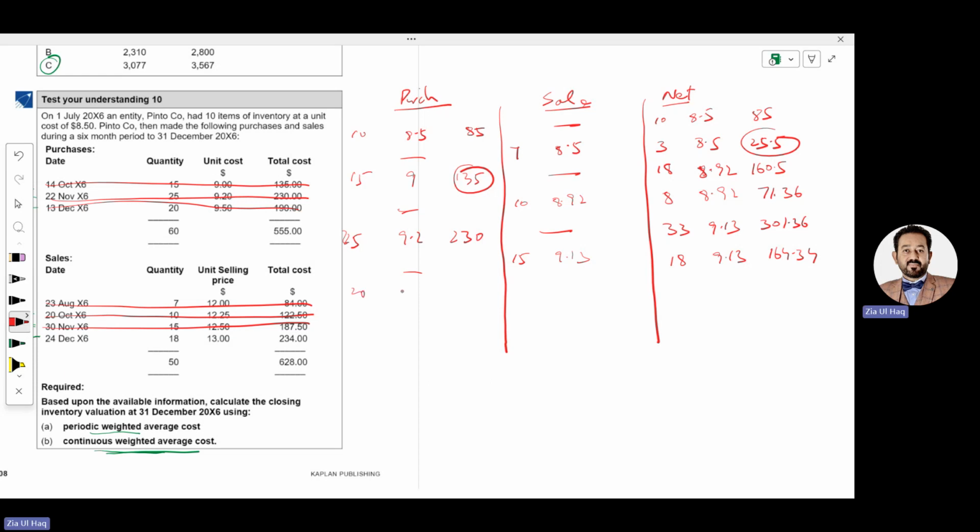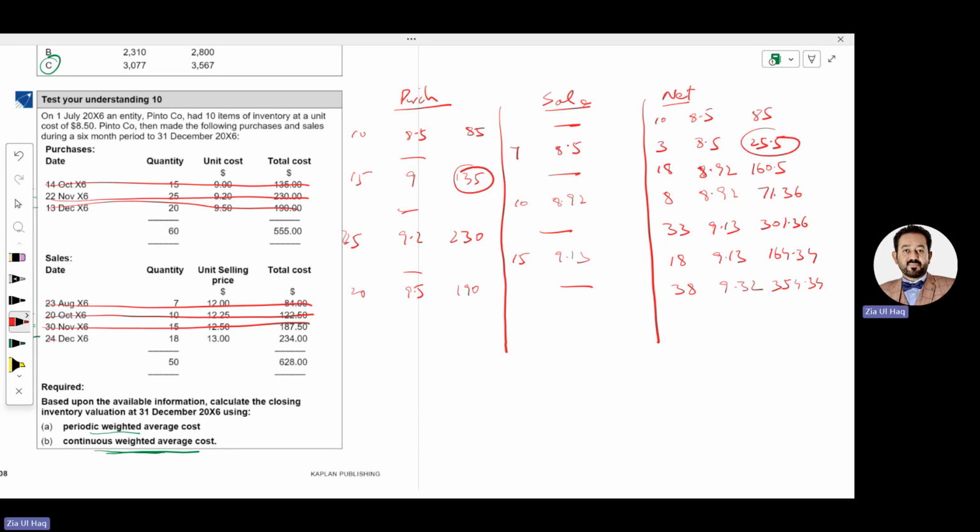So 20 units purchased at 9.50, value is 190. So 18 plus 20 is 38, and 190 plus 164.34. What is the value per unit? Divided by 38, 9.32.